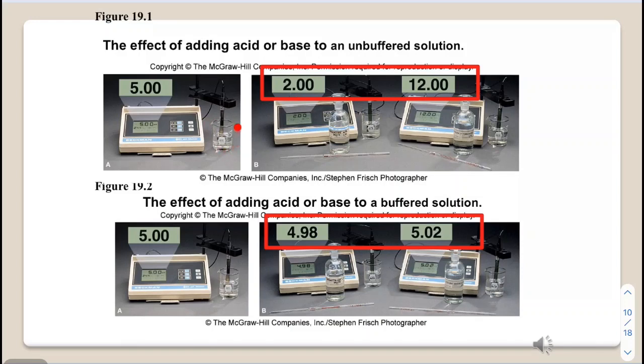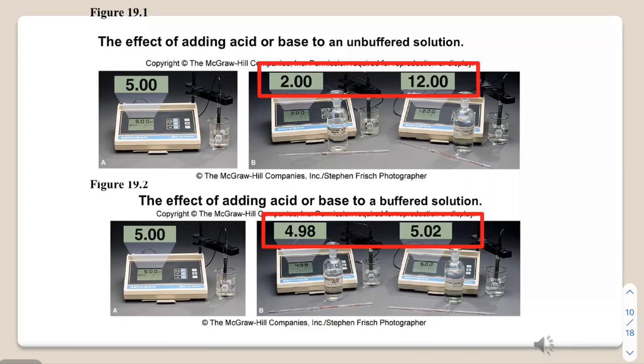When the same solution was added with a small amount of a strong base, suddenly the pH increased to 12. So this is what will happen to a solution when it is added with a small amount of strong acid and a small amount of strong base.